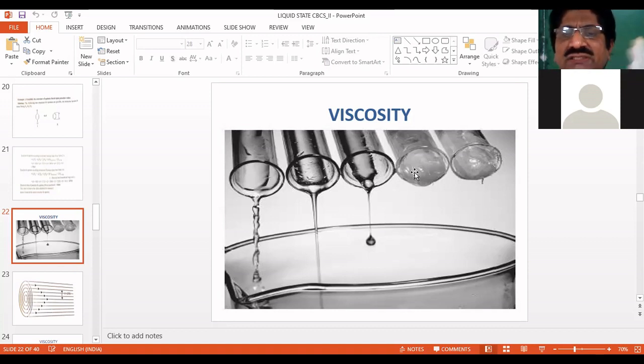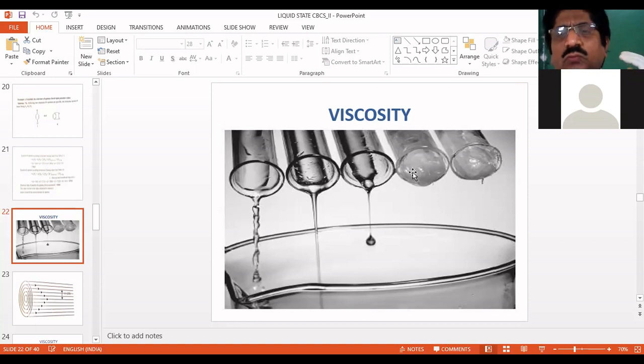If the viscosity is low, the liquid moves readily. If the viscosity is high, it moves slowly. So, viscosity depends on the viscous nature of the liquid.